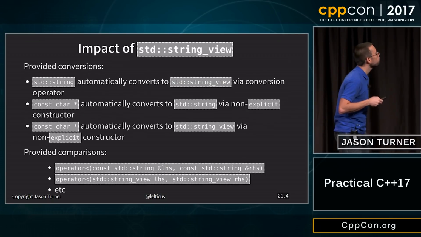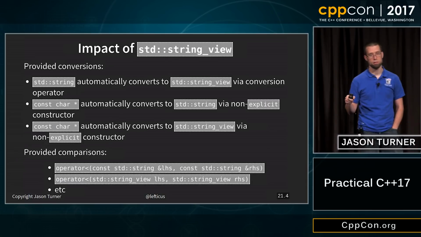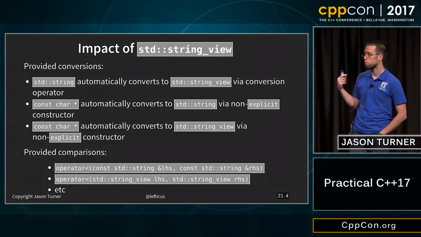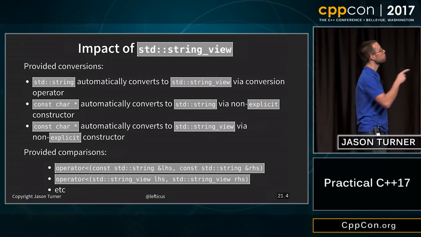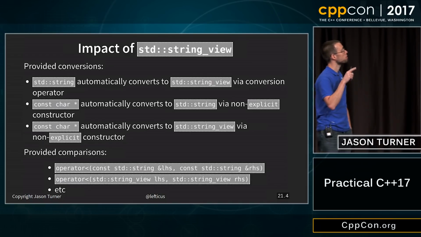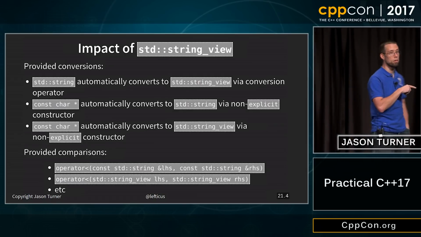So now we have this world where const char* could already be implicitly converted to a string, which has been the source of headaches for performance in my code. Now we have an expanding world. Strings can be automatically converted to string_views, const char* can be automatically converted to string, and const char* can be automatically converted to string_view.